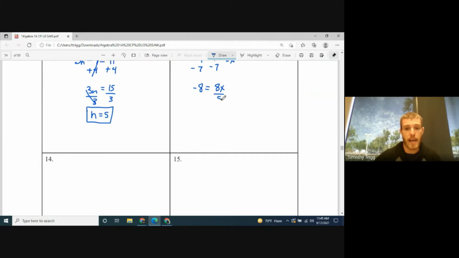Dividing both sides by 8 to get x by itself. Here x will now be by itself. x equals -8 divided by 8, which is -1. Now, I know you usually see the variable on the left side of the equation, but having the variable on the right side is perfectly fine. It doesn't make a difference.